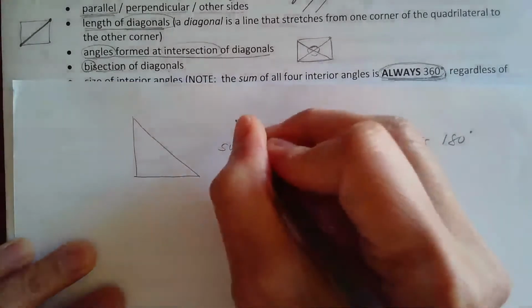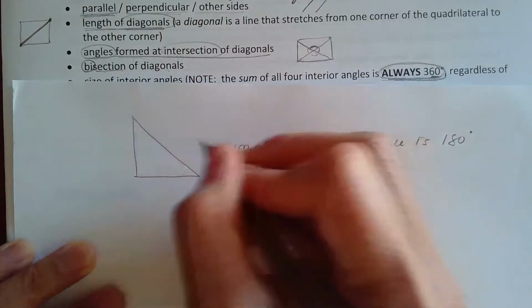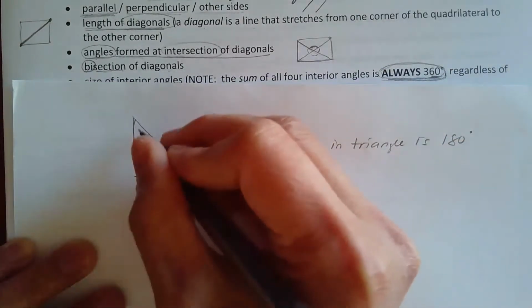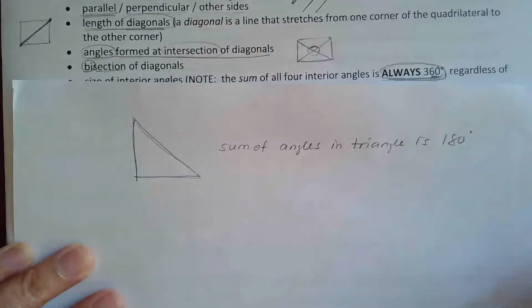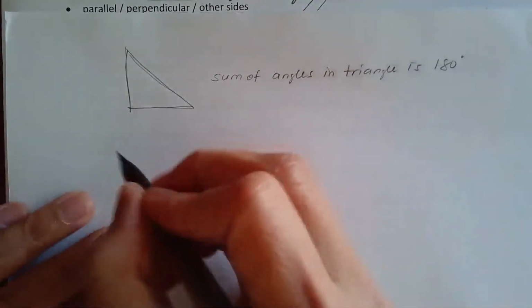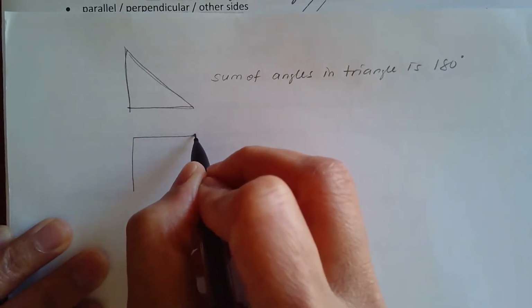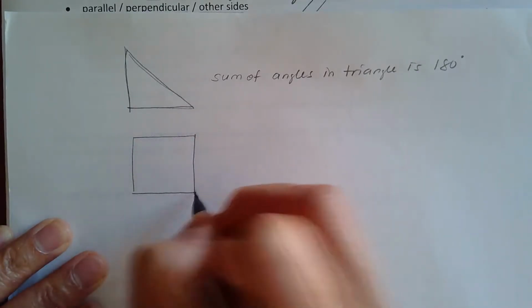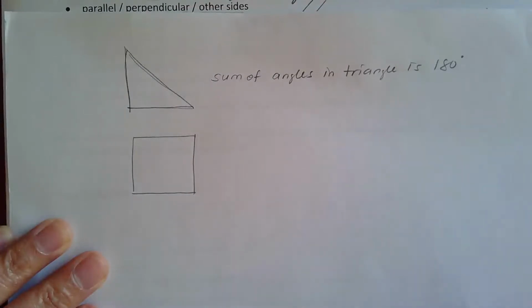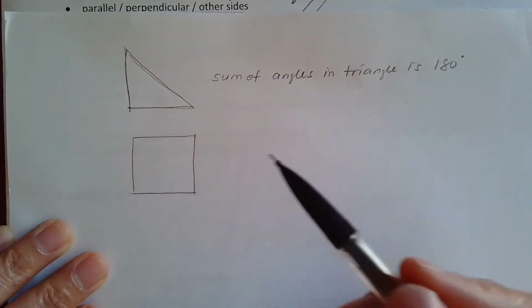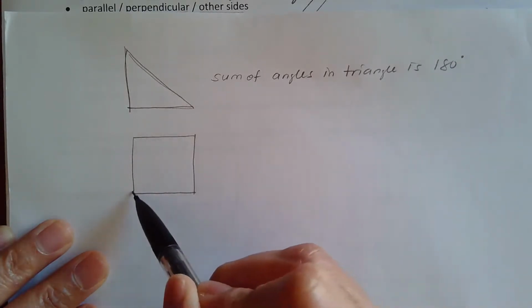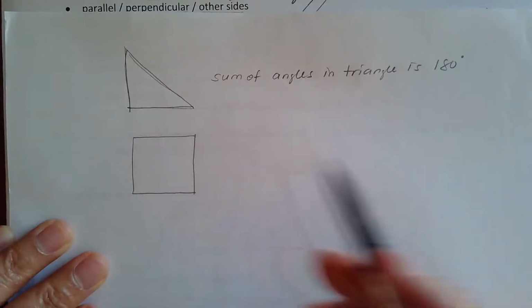That's for a three-sided figure. So three sides. Now, what about the four-sided figure? Okay, I'll just draw a four-sided figure right there. It kind of looks like a square, but this happens for all quadrilaterals.